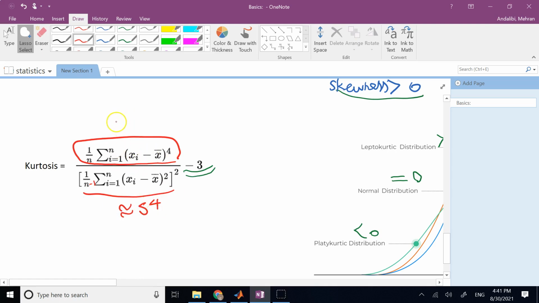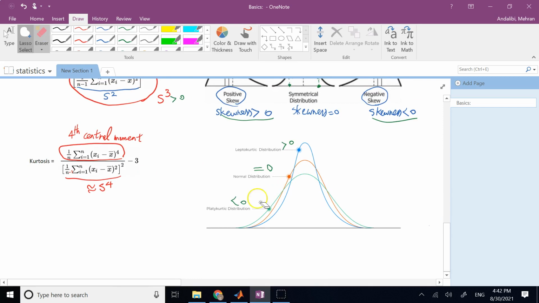And this guy in the numerator is the fourth central moment. And again, here, -3 is subtracted from the whole thing to force the number to be 0 for normal distribution. Because if you calculate this ratio for normal distribution, it's not going to be 0, it's going to be 3. So we subtracted the 3 to make it 0.